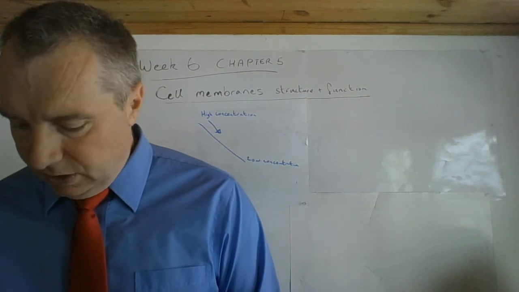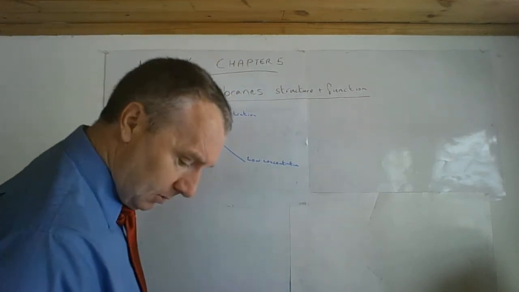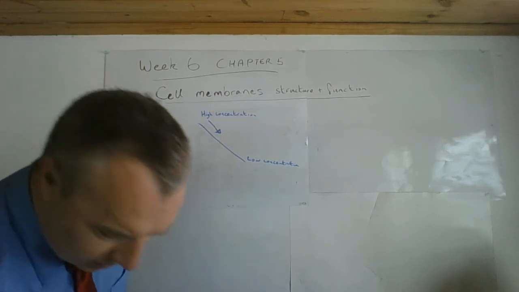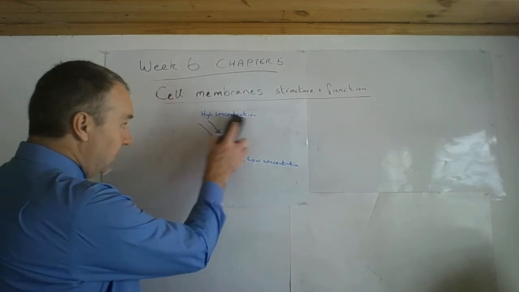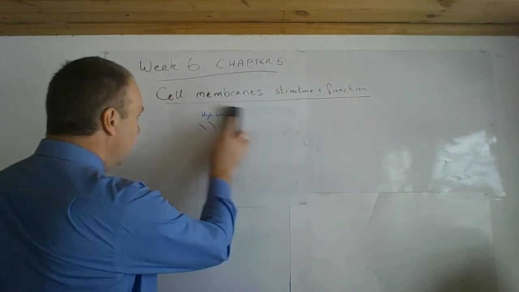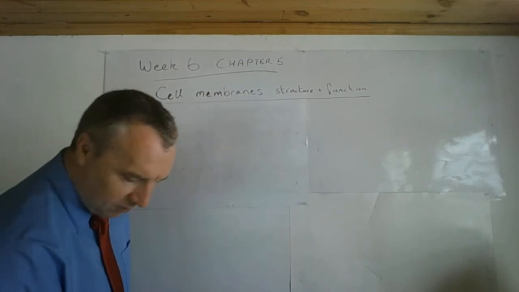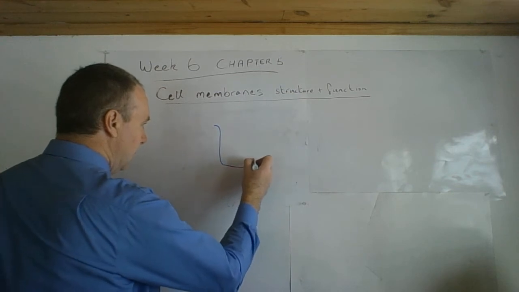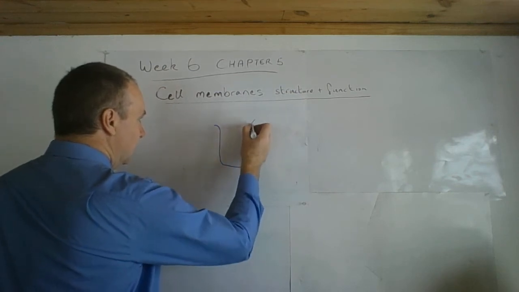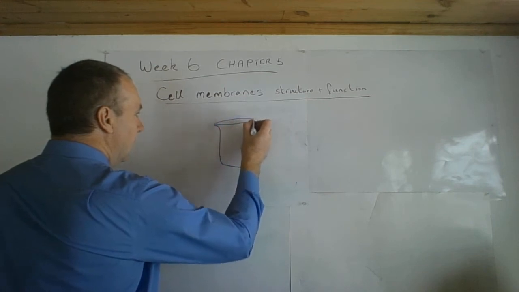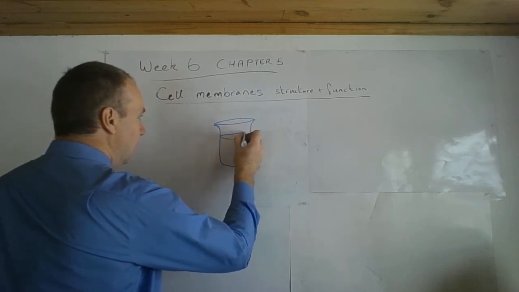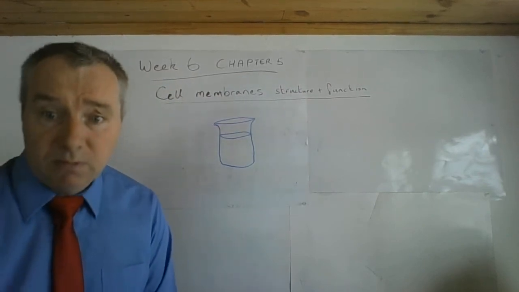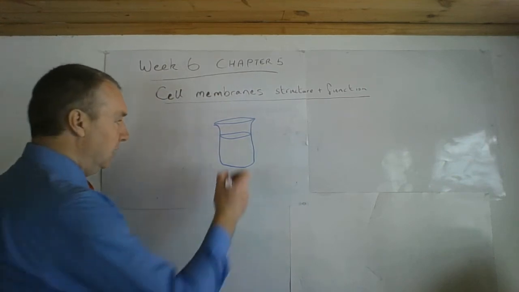We're going to talk also about diffusion. Diffusion and the concentration gradient go together because we will generally have stuff go from a high concentration to a low concentration. And an example that I would use of diffusion is take a beaker, and let's say this is a beaker of water, and so we see it's clearer, and then we take a drop of red dye and we put it into the beaker right here in the middle.